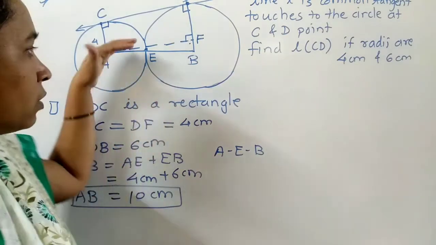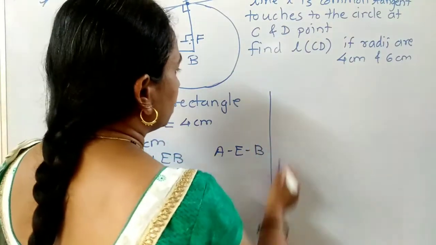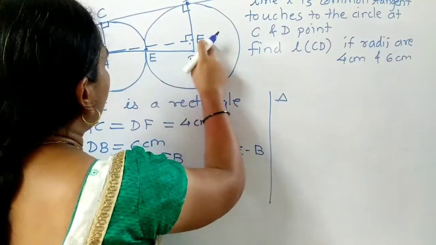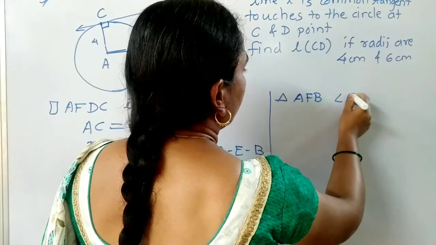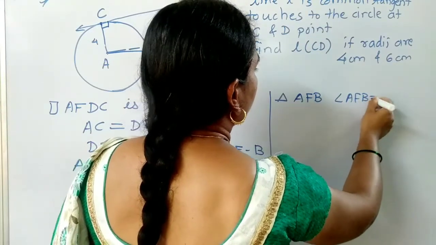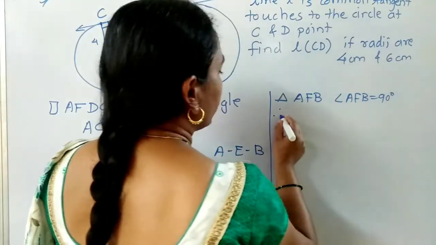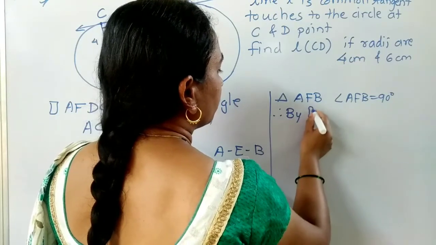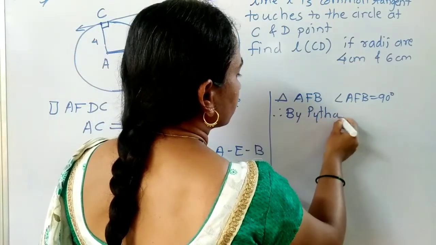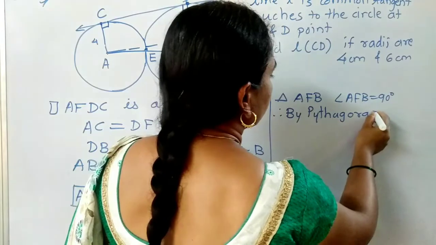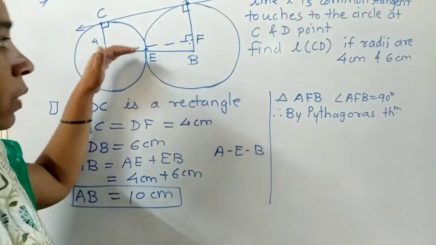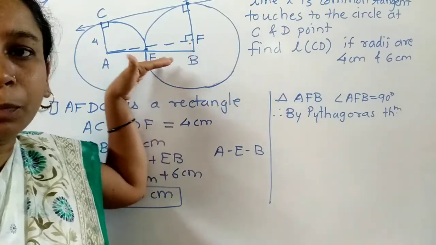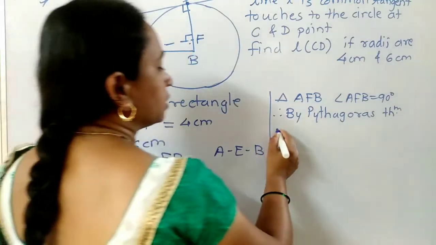Now we are going to take the triangle AFB. In this, angle AFB is equal to 90 degrees. Therefore, by Pythagoras theorem, the hypotenuse square, if it is 90 degrees, the opposite side AB is the hypotenuse.